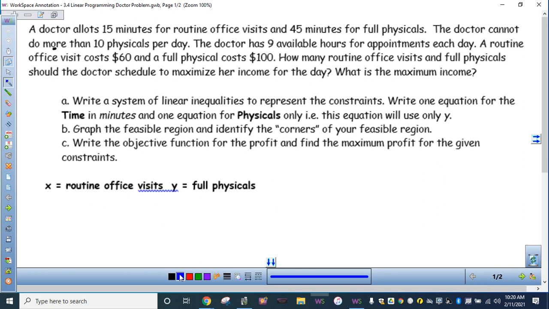Okay, so take a sec, read this problem, and then we'll talk about it. So read the A, B, and C portion of the program as well. X will be routine, Y is full.